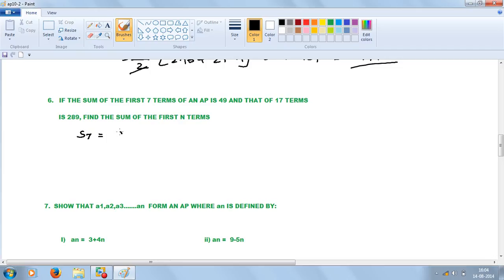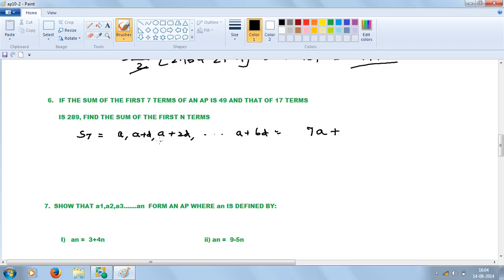How exactly do you work it out? The first term is A. What's the next term? It is A plus D. What is the third term? A plus 2D. What is the seventh term? A plus 6D. If you add these, what will you get? A will be repeated in all the places, so you will get 7A plus D's: here 1D, here 2D, 3D, 4D, 5D, 6D.